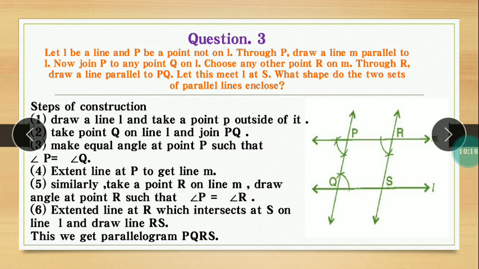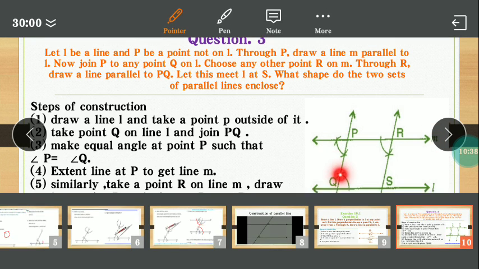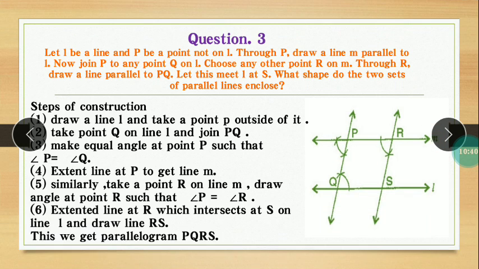Now make an equal angle at P such that angle P is equal to angle Q. Angle P and angle Q are alternate interior angles. Now extend the line at P to get line M, which is parallel to L, because these two alternate interior angles are equal. So L is parallel to M.